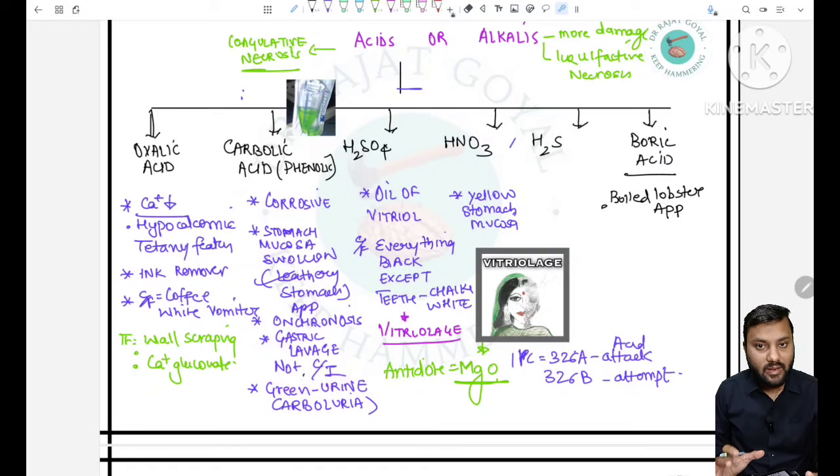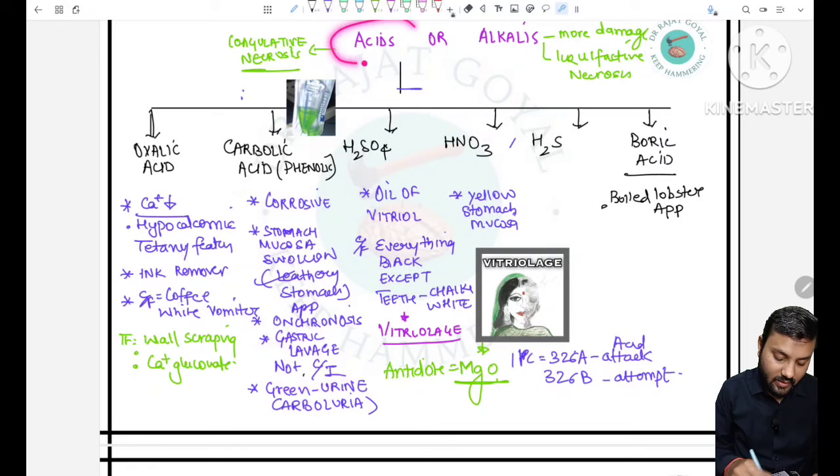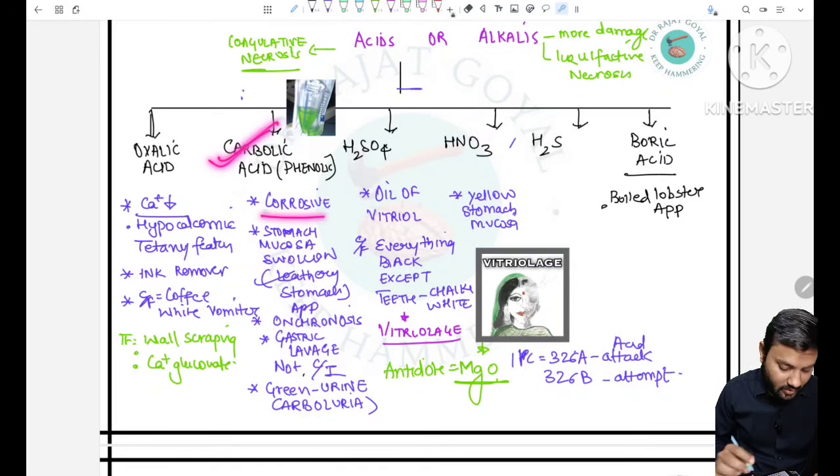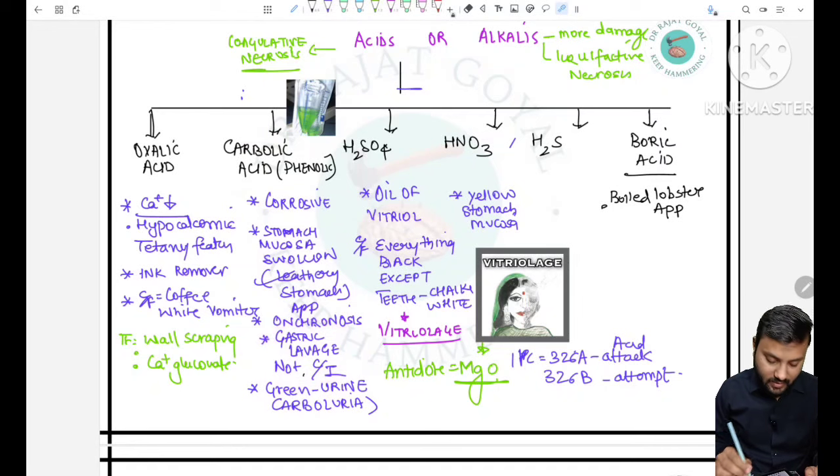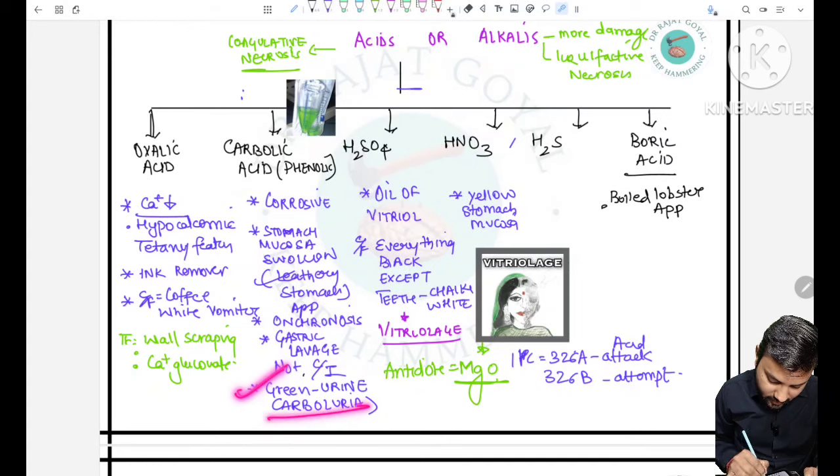So we know that gastric lavage is contraindicated in cases of corrosive poisoning, but carbolic acid is also a corrosive, yet gastric lavage is not contraindicated in carbolic acid. And green color urine will be there, which is called carboluria.